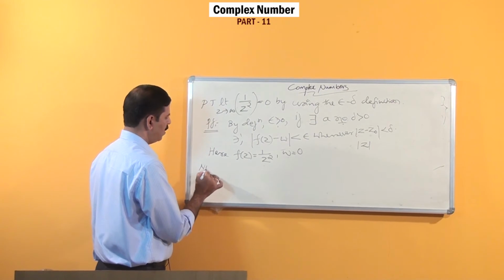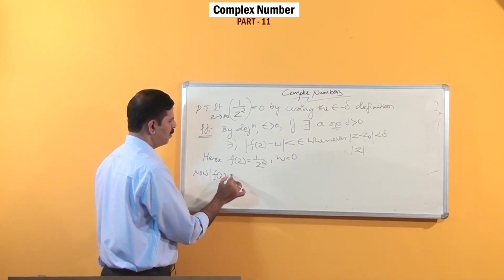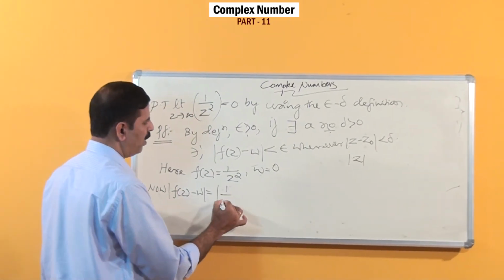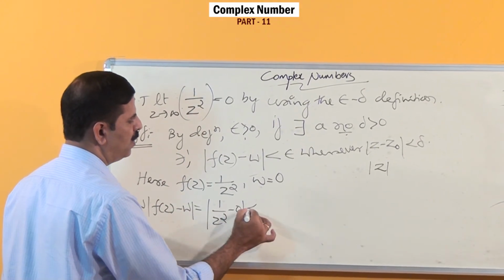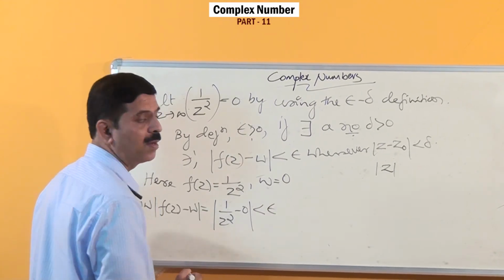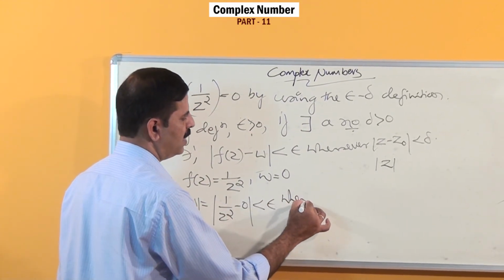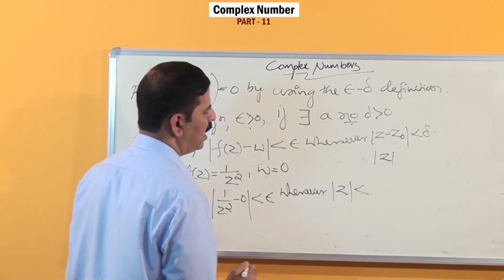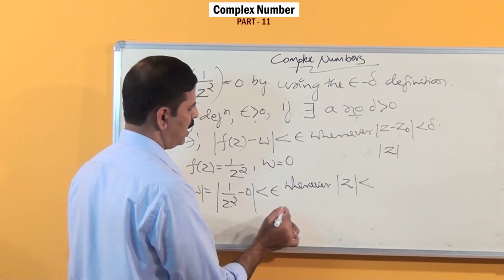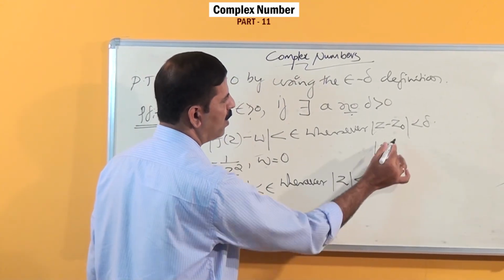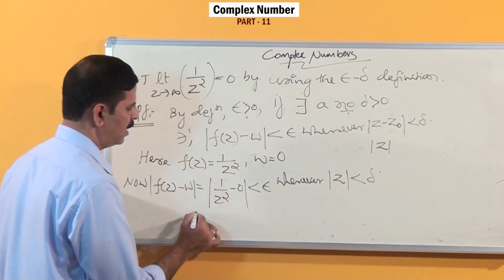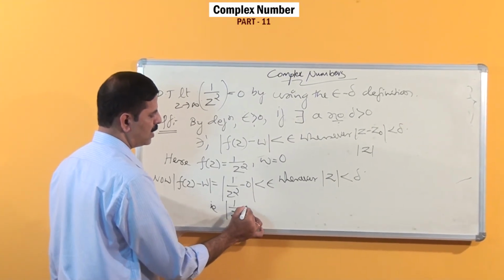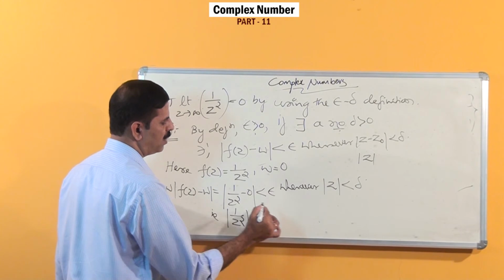Now, mod f of z minus w is equal to 1 by z square minus 0, less than epsilon whenever mod z minus z naught is less than delta. That is nothing but mod 1 by z square is less than epsilon.